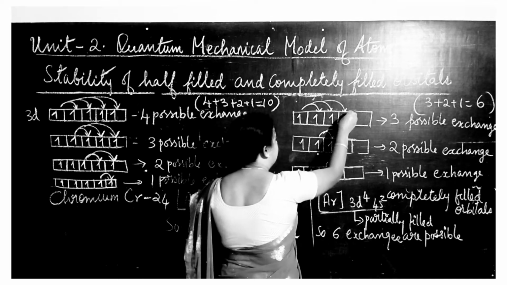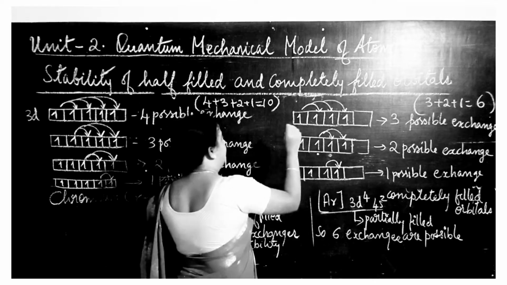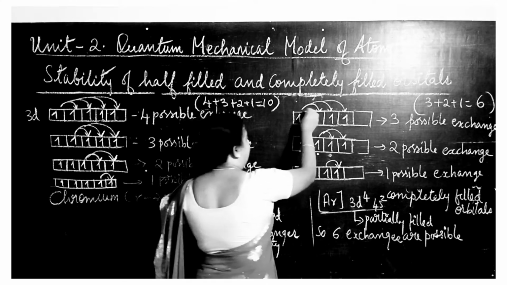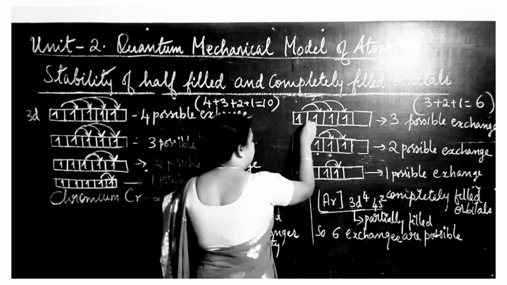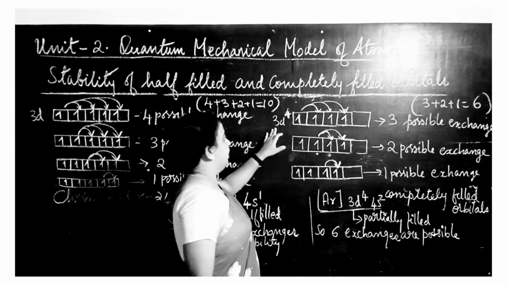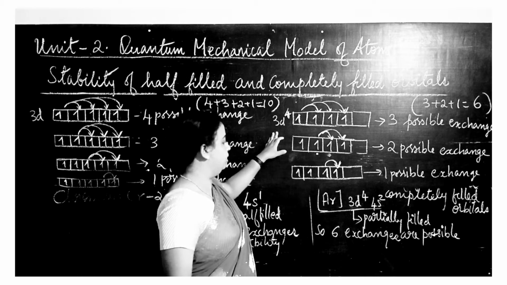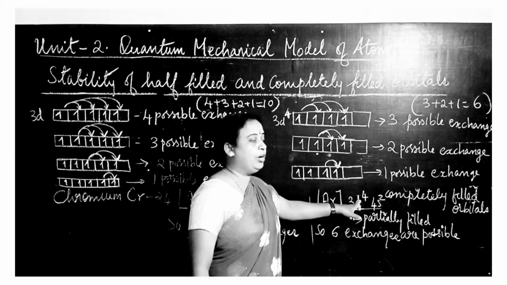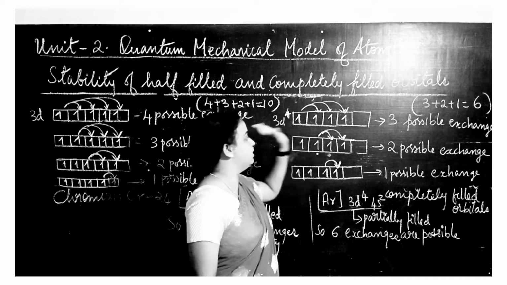Here 4 electrons are represented. In these 4 electrons, the first electron can exchange its position to the second place, third place, fourth place. So in the case of the 3d4 orbital of chromium, it is partially filled. It is having 4 electrons, so those 4 electrons are represented here.